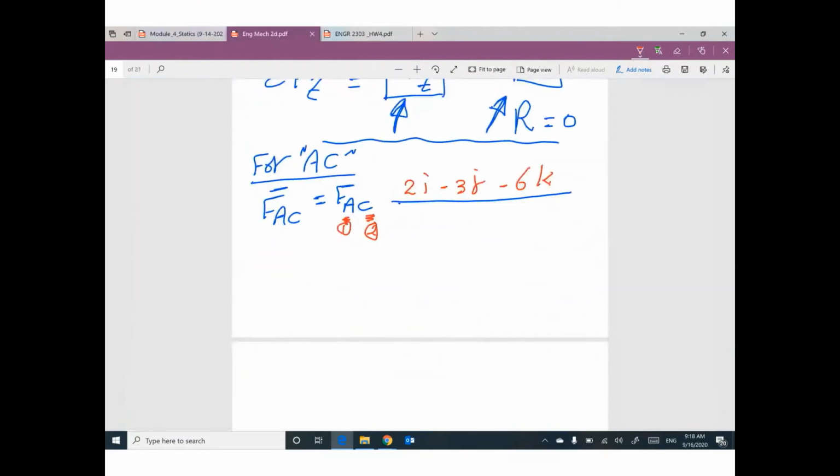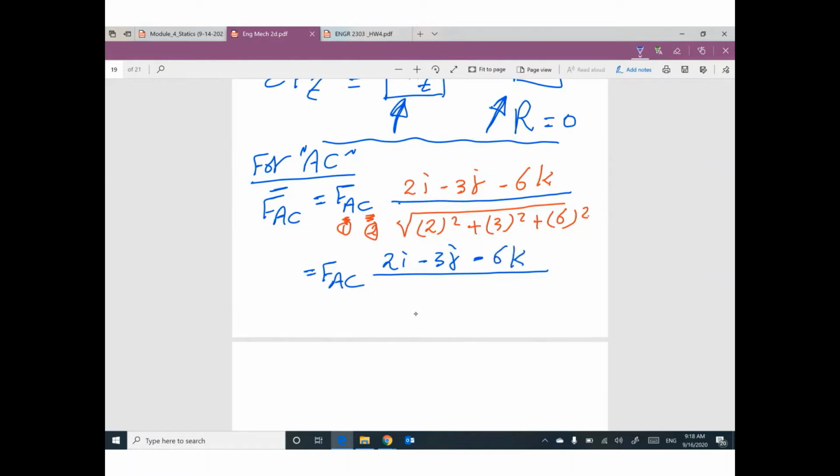Divide by the square root of these numbers squared. I can simplify. So FAC times 2i minus 3j minus 6k, divided by the square root of 4 plus 9 plus 36, which will be 7.